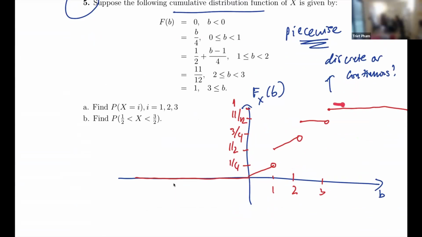No. These parts right here, yes, but it's not a pure jump here and here. So this random variable, as described by this CDF, is neither discrete nor continuous. Do you understand? There are some parts where it takes on point mass, and there are some parts where it gains mass continuously. Okay?